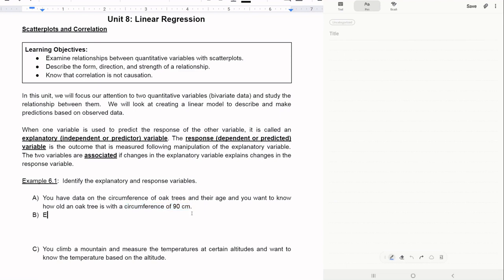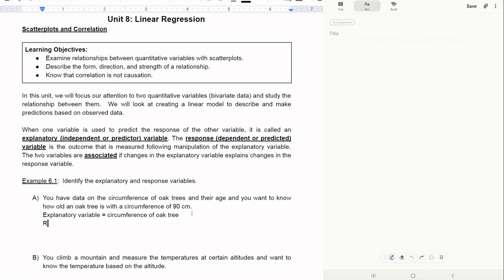So the explanatory variable is going to be the circumference of the oak tree. The response variable, or the predicted variable, is going to be the age of the oak tree. We want to predict the age of the oak tree based on the circumference.